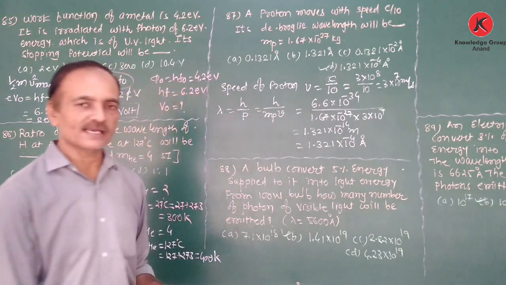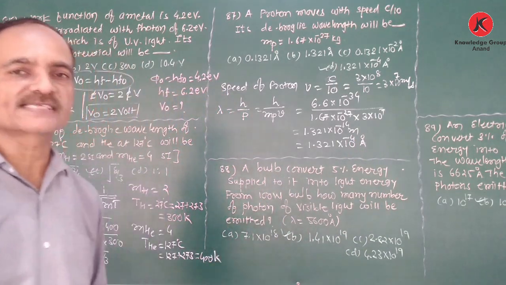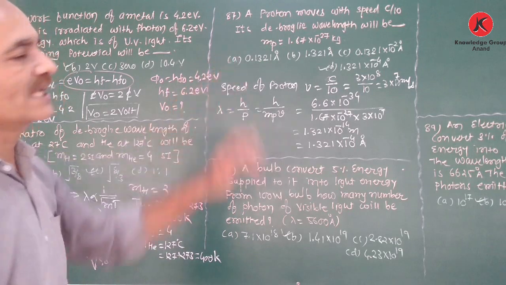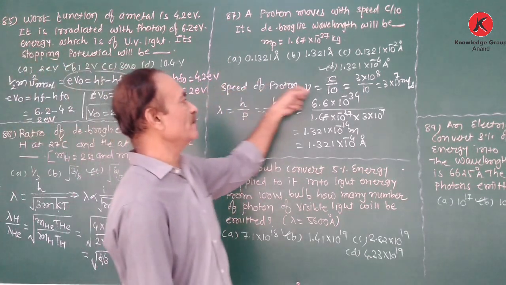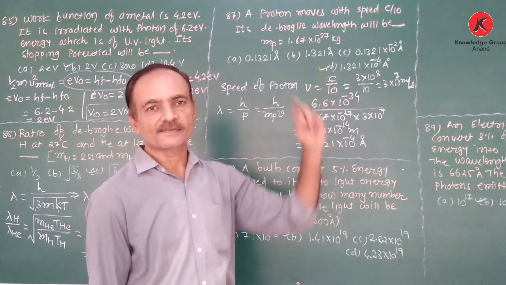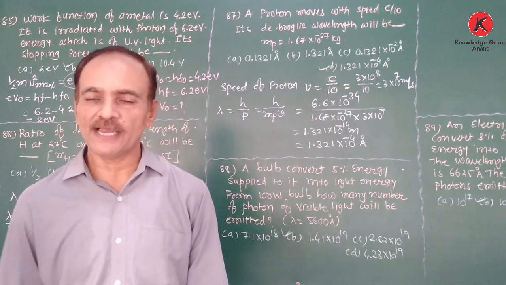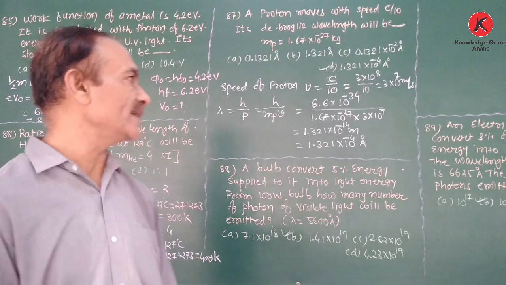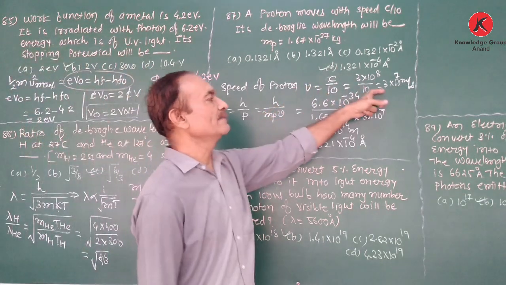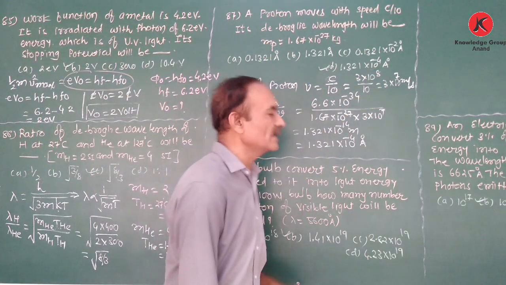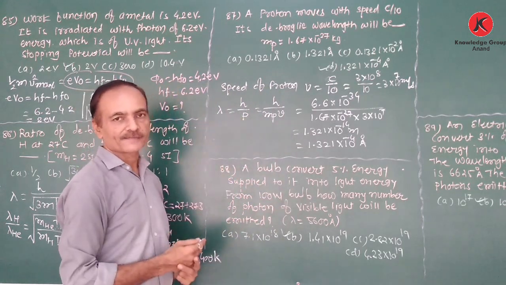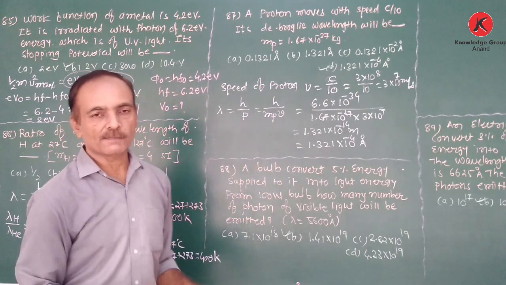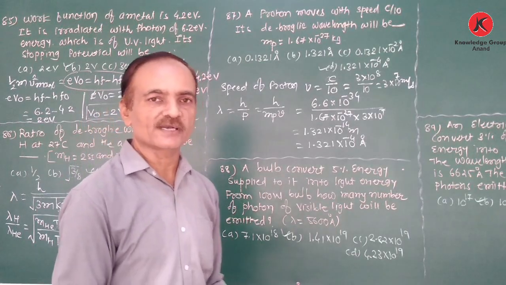Very simple numerical, but here the speed of the proton is given in terms of c by 10. Therefore, we first obtain the speed of the proton, v is equal to c by 10. Since the velocity of light in vacuum is 3 into 10 to the 8 divided by 10, therefore 3 into 10 to the 7 meter per second. Now, lambda is equal to h upon p. Here, the mass of the proton and the speed of the proton are given.